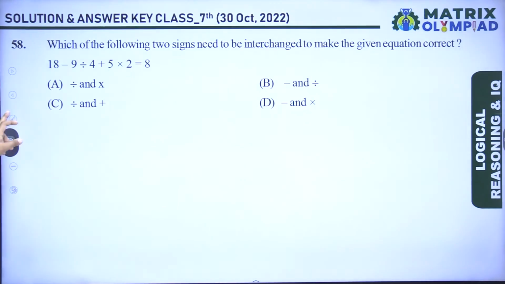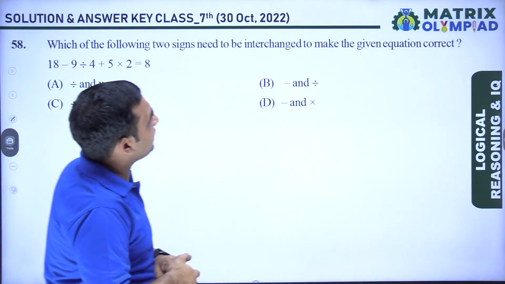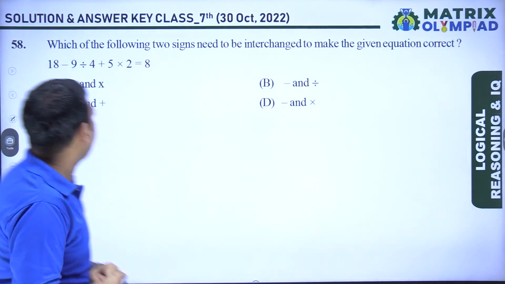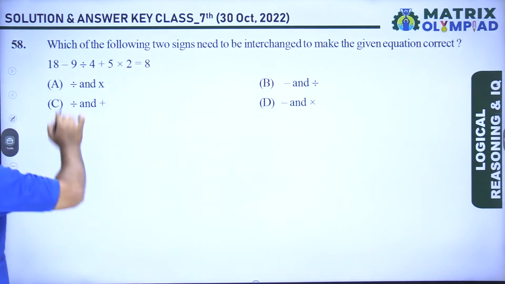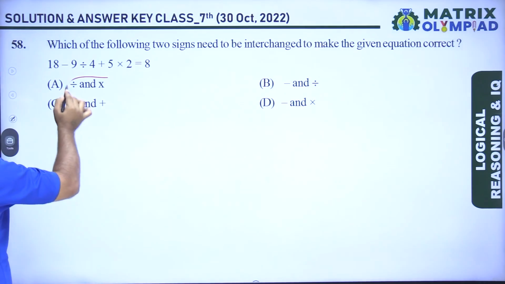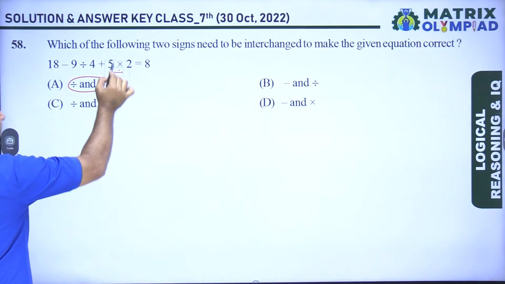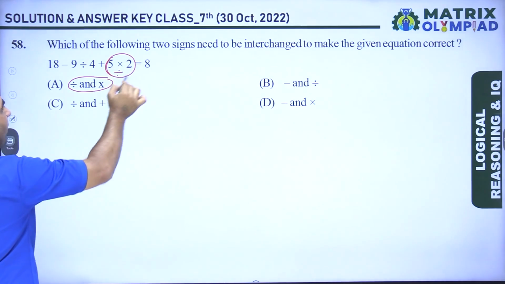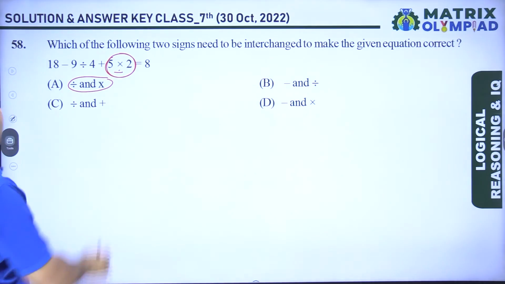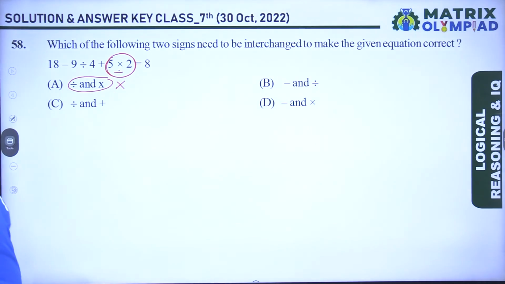Next question is, which of the following two signs need to be interchanged to make the given equation correct? If we take the first option, we change plus and into. If into is changed to divide, then 5 is not divided by 2 in a complete number, so option A is not the correct answer.